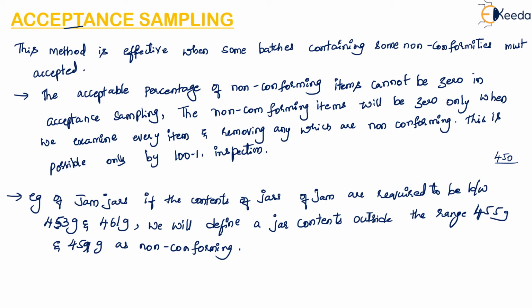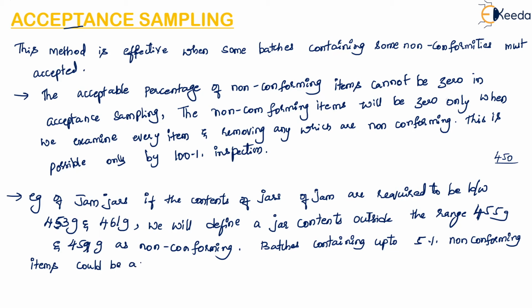And we will give some acceptance limit, or an acceptance number, also. We will say that if the batches contain up to 5% non-conforming items, then we will accept them.